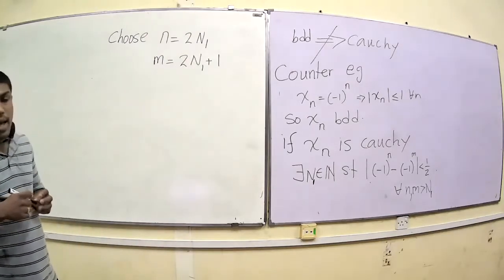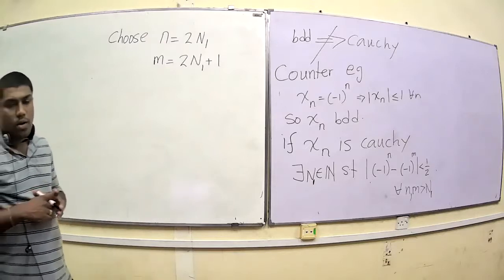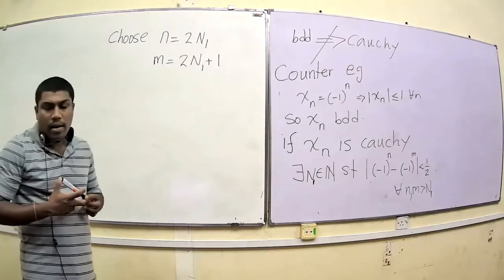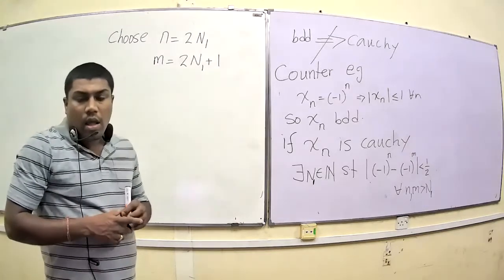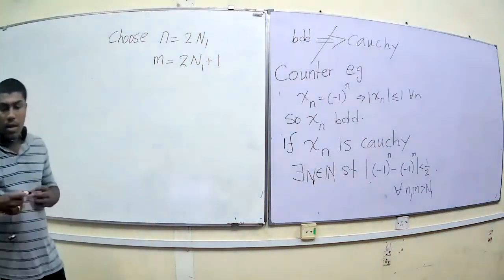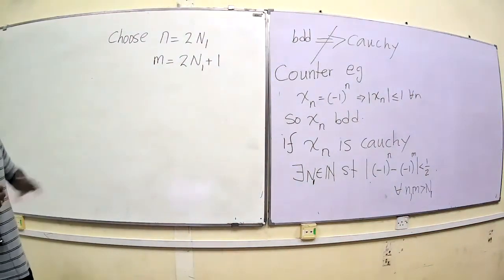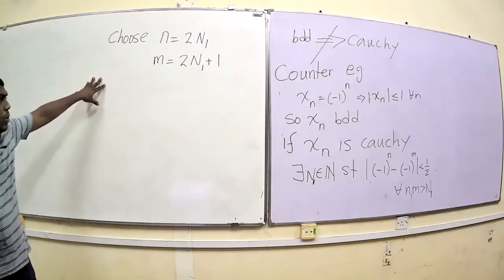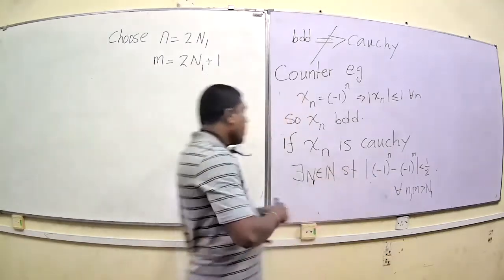Obviously both of them are greater than n1. So that's clear: 2n1 is greater than n1 and 2n1 plus 1 is greater than n1. Okay, so in this case, because these are greater than n1, you can substitute here.